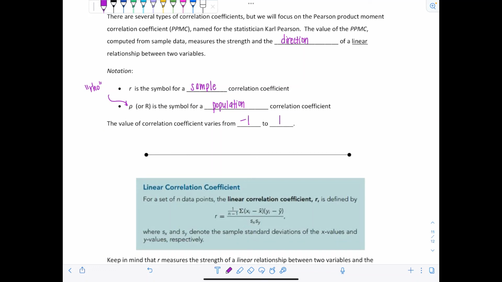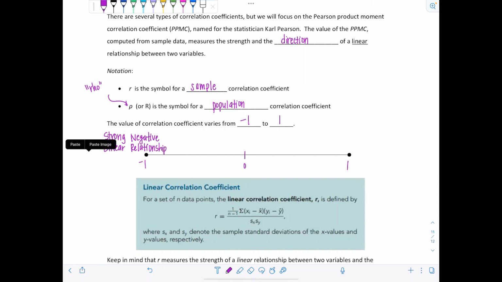Okay. So here's basically a little number line that shows all the values that r can take on between -1 and 1. If your r value is -1, that means you have a strong negative linear relationship between the two variables.